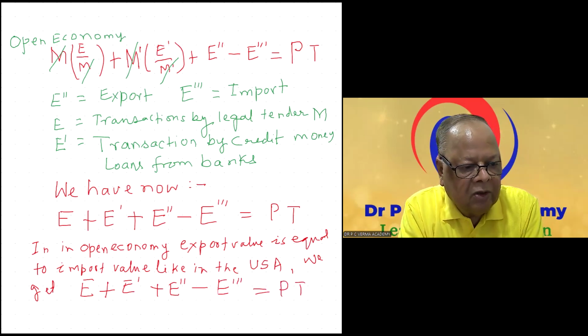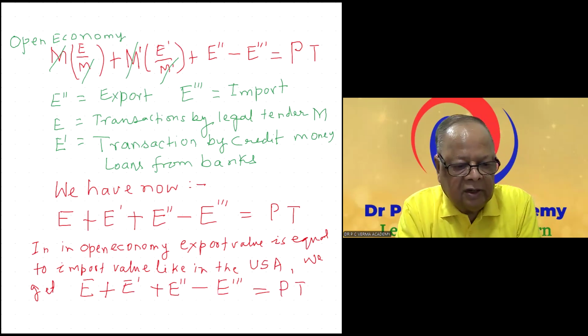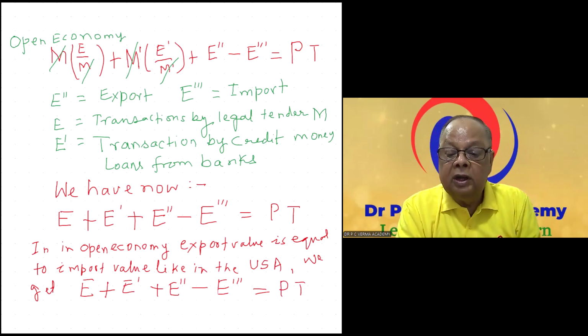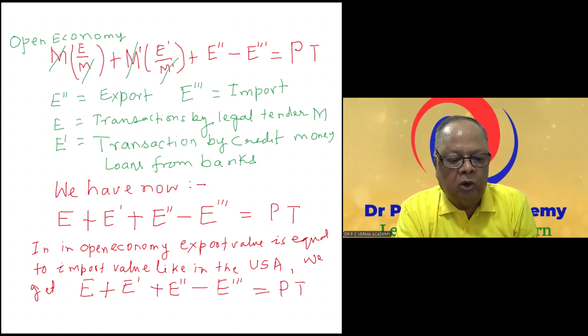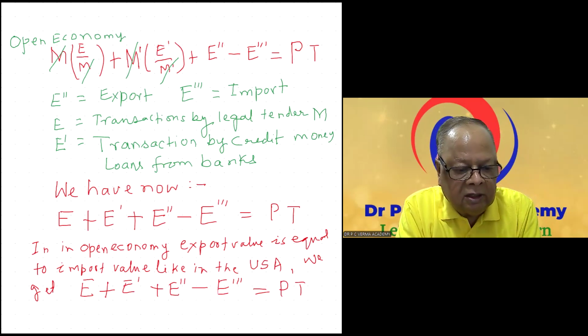Fisher now says that if export and import in a developed country like USA are equal, then this will be cancelled.